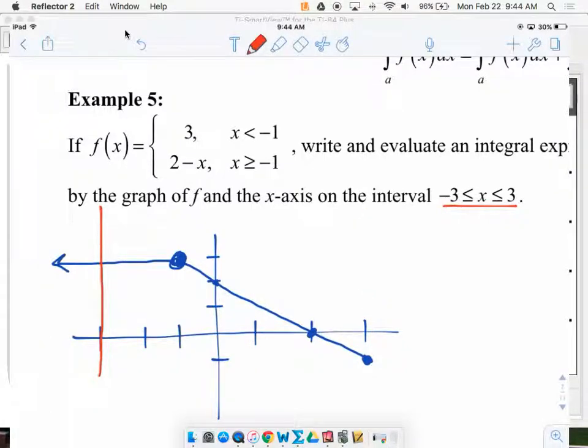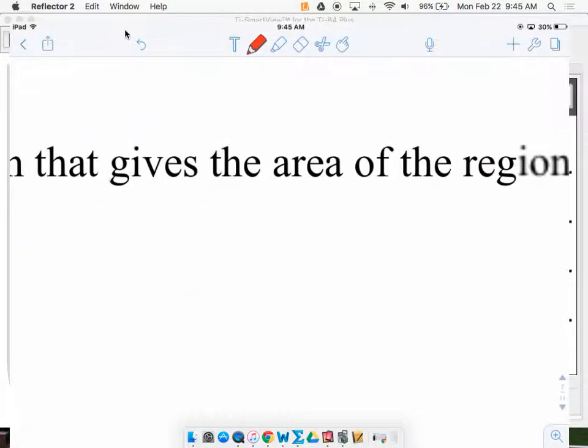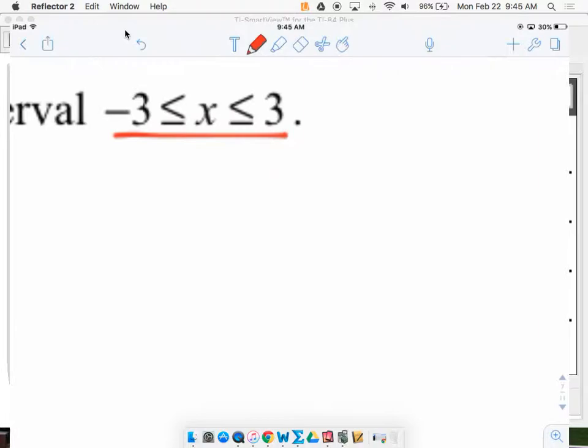All right, so I want to figure out the area of that region, so it's got to go along with the x-axis. Right off the bat, if they're looking at us from -3 to 3, and we're looking for the area, what would your first integral expression be?